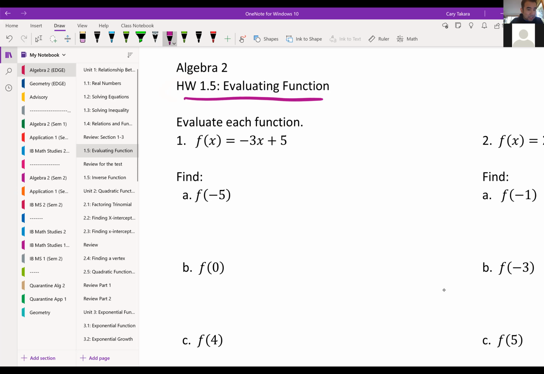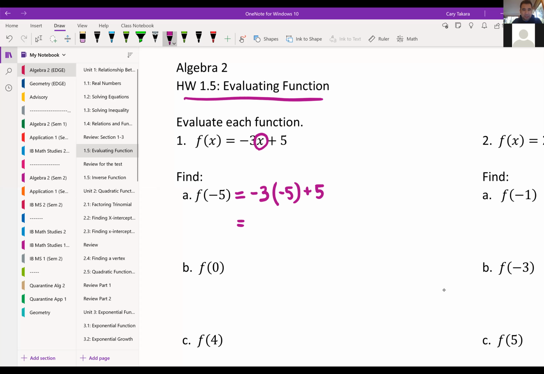So the first question is f of -5. We're going to insert -5 into the function. So that means all the x's, or in this case, there's only one x, will be replaced with whatever you are putting in. In this case, it's -5. So it's going to be -3 times -5 plus 5.